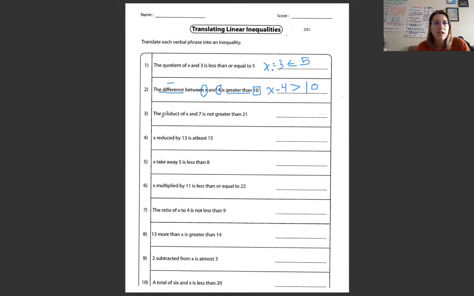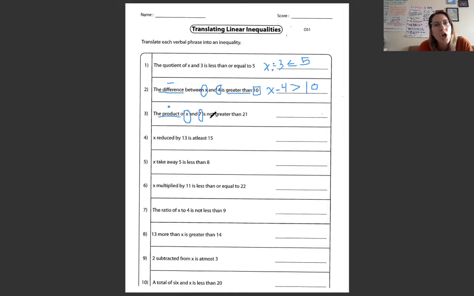Interesting. All right. So here we're going to start with product. We know that product signals multiplication. Now I'm going to write a dot here because that reminds me that multiplication can be represented by a dot, which we're going to say in a second is why that's important. And it's saying of x and 7.